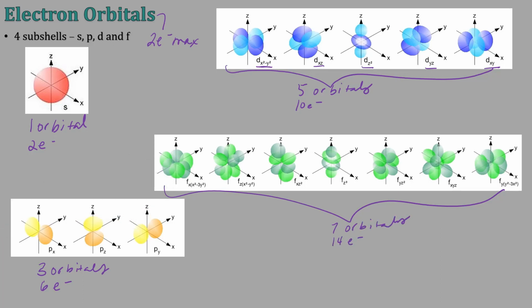So 14 electrons total could be in the F subshell. So we have S, P, D, and F, and if they're in the same energy level, then this is increasing energy going down. And so that would be 1, 3, 5, 7 orbitals, so 2, 6, 10, 14 electrons.